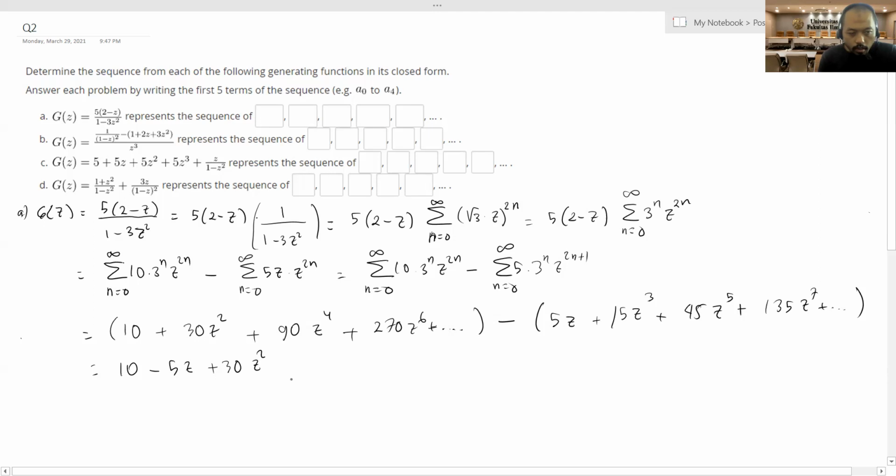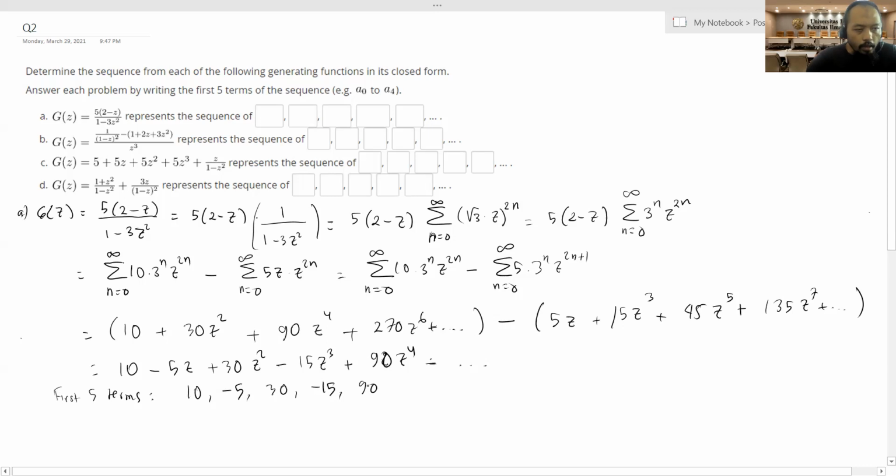So you get this minus 15 z to the power of 3 plus 90 z to the power of 4 and so on. Now that means the first 5 terms are 10 minus 5, 30 minus 15, then 90.